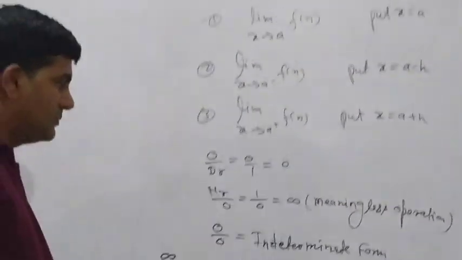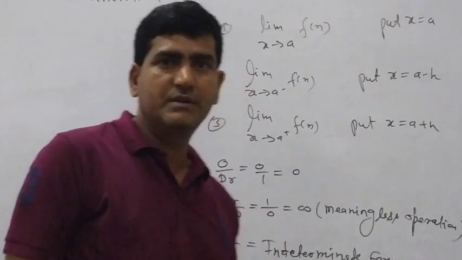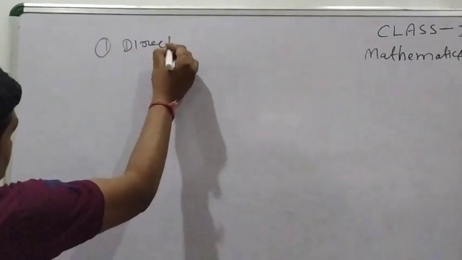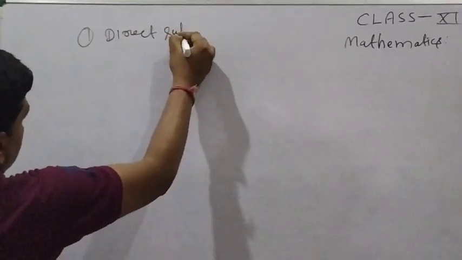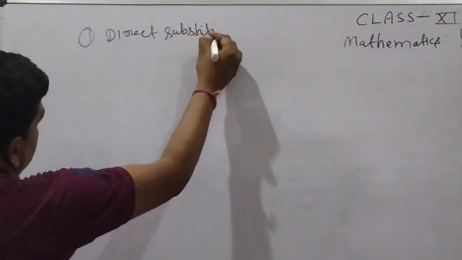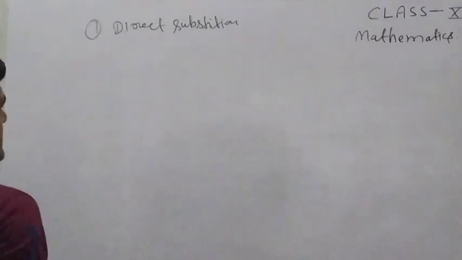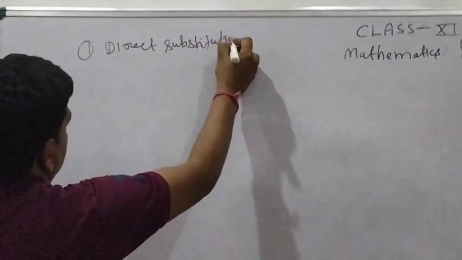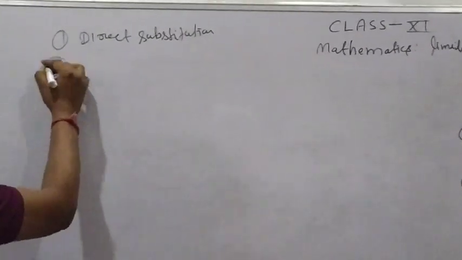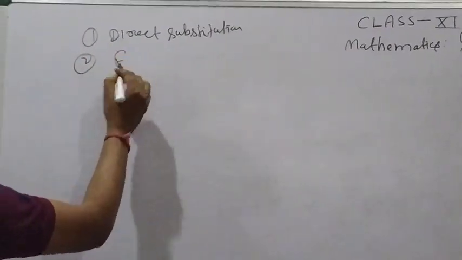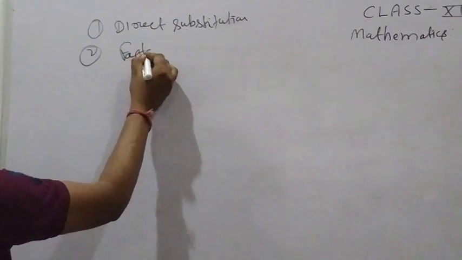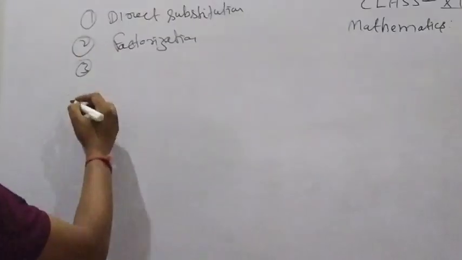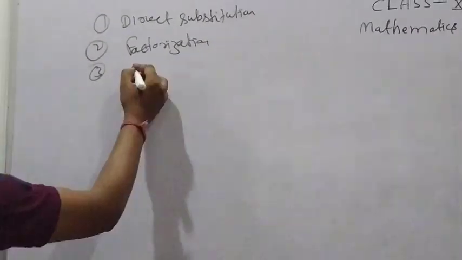How many types of limits are there? I am going to write here: direct substitution method. Second one, factorization. Third one, rationalization.